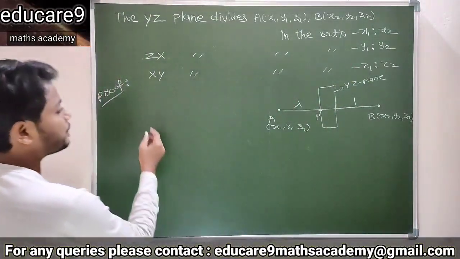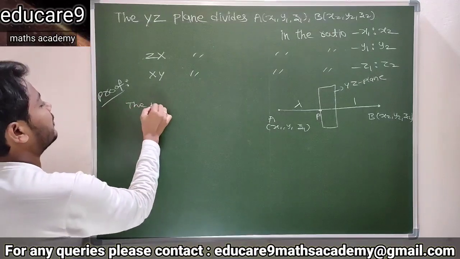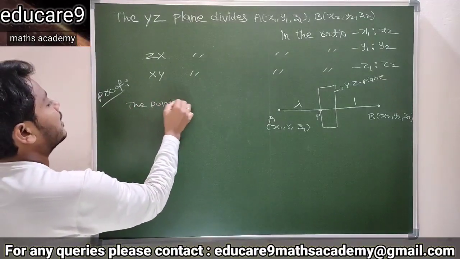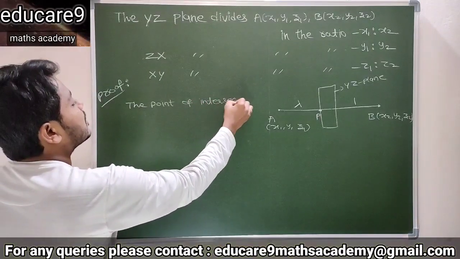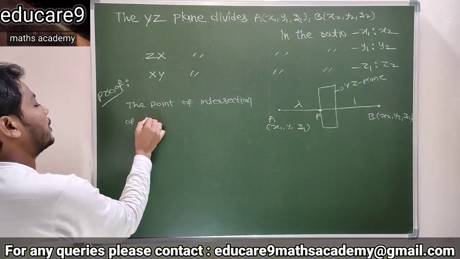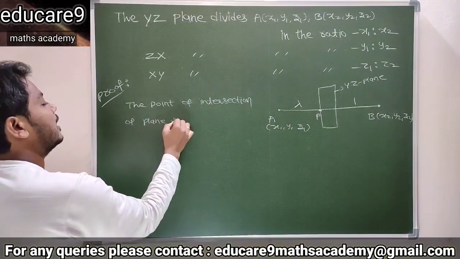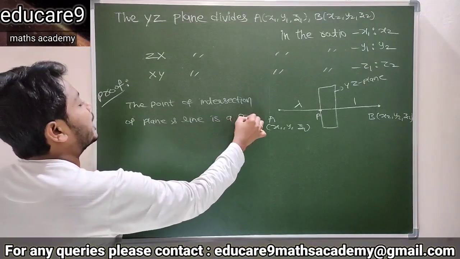Here the point of intersection of a plane and a line is a point.